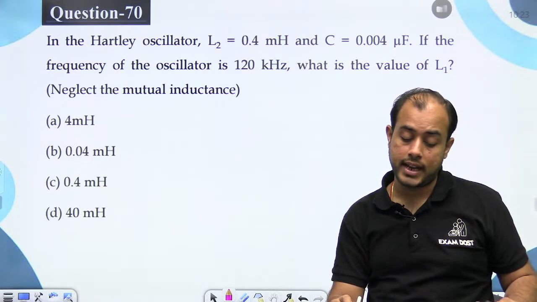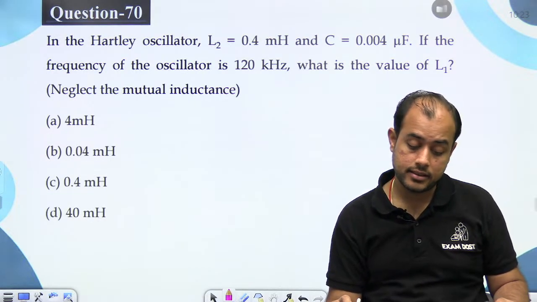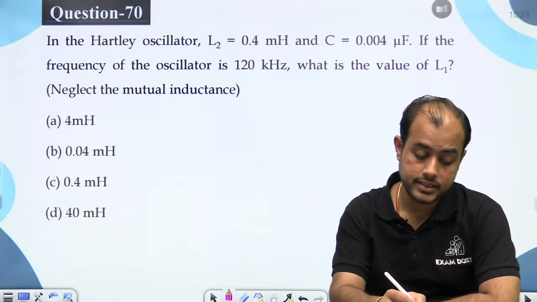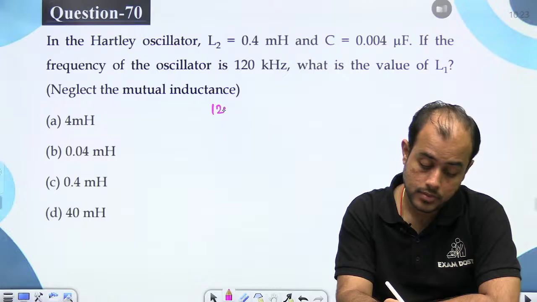ESE 24, L and C is given. Frequency of oscillator is given. What is L1?